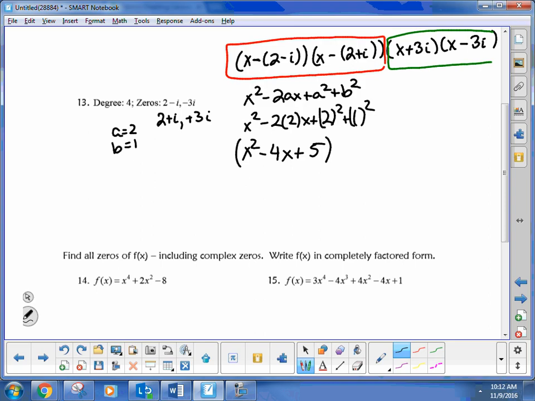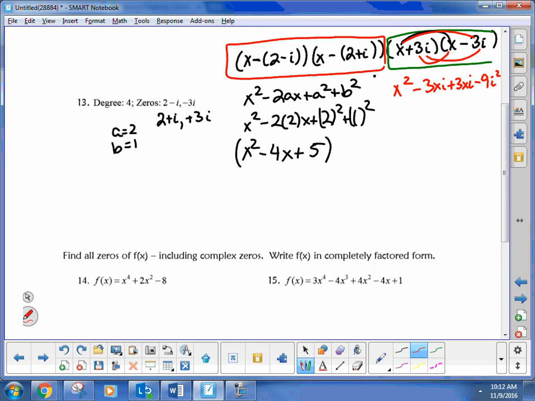Now on this side, the easiest thing to do is just FOIL. So, over here, I'll use a different color because I don't want you to mesh it. x squared minus 3xi positive 3xi, and then the last one ends up being negative 9i squared.